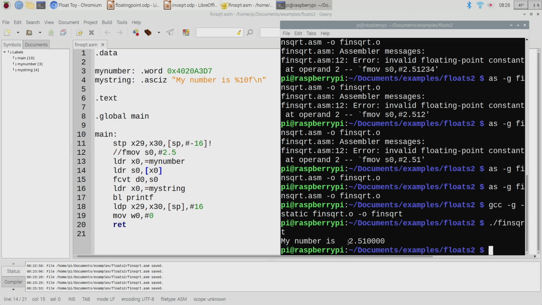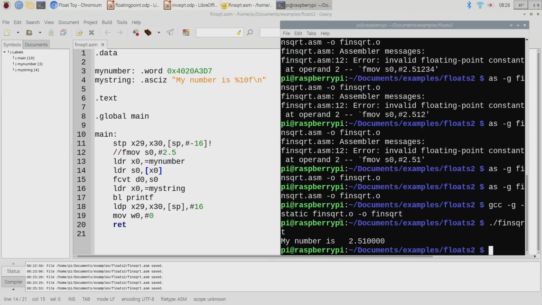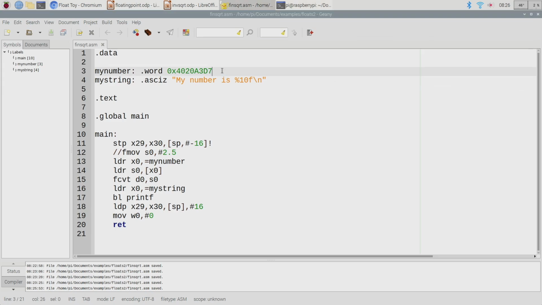And so that's why there's that little space there as opposed to here where there was only one space, okay? All right, so you can't just fmove anything you want. Some stuff you can, but most useful numbers you cannot. And so you have to do, kind of like we did with strings, a pair of LDRs, one to get the address and the other to actually load it from memory. Okay, good?